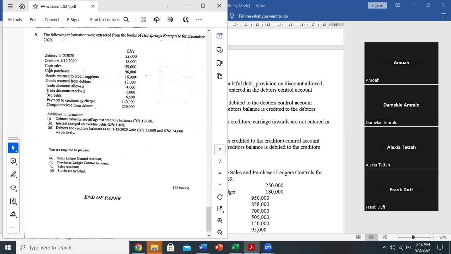Cash purchases as well. Goods returned to suppliers, I think that is return outwards. And goods returned from debtors, that's return inwards. Then you have discount allowed, discount received, bad debts, payment to creditors, and cheque received from debtors.